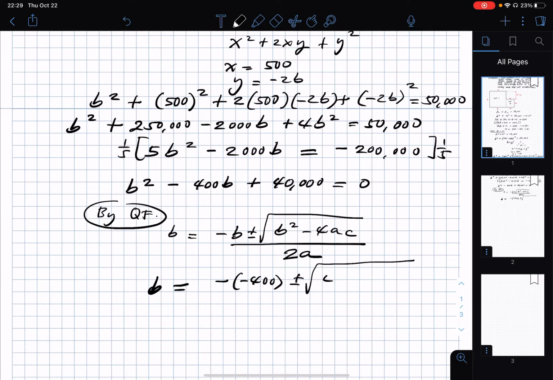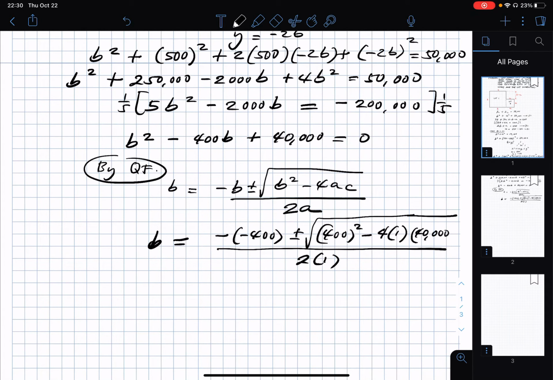That will be 400 squared minus 4, the value of a is 1, that's the coefficient of b squared, times c, which is 40,000. Okay, divided by 2a, okay, 2 times 1.